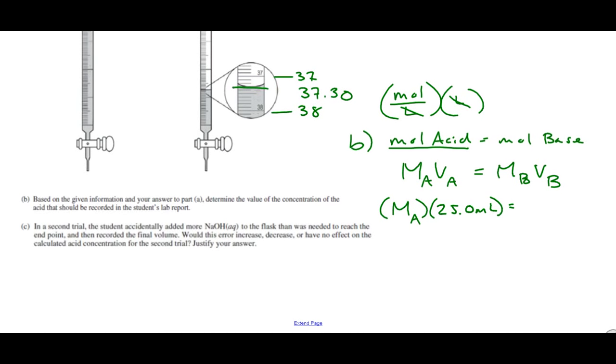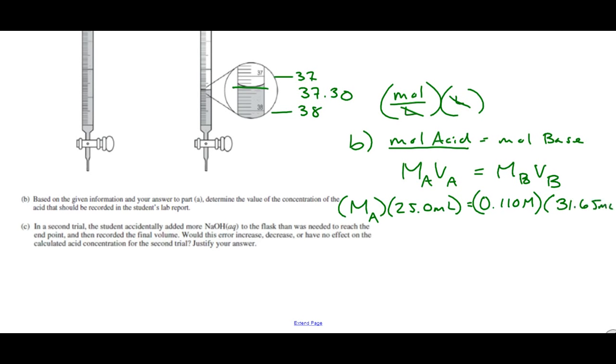My molarity of my base was 0.110. My volume, which I just found, was 31.65 milliliters. So when it's all said and done, my concentration of my acid is 0.139 molar.